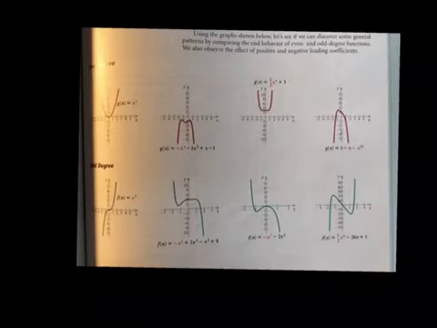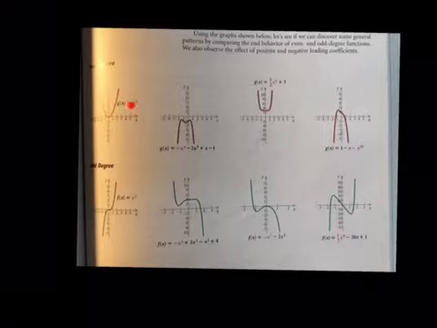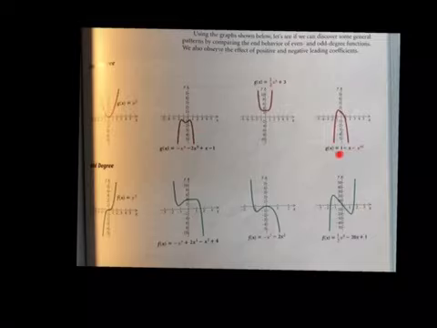Okay, so notice what's going on here. When the leading term is even, it doesn't matter what the number is in front of it. This is not written correctly, that should be negative x to the 10th minus x plus 1, but if the exponent of the leading term is even, look what it does. It kind of makes the same kind of shape here.